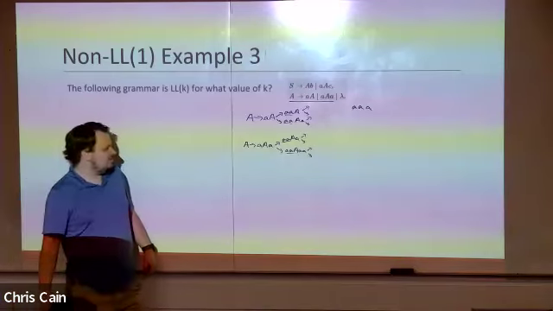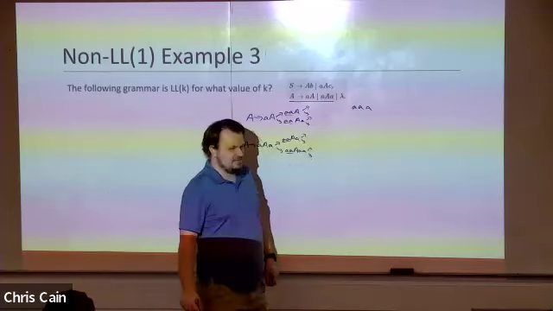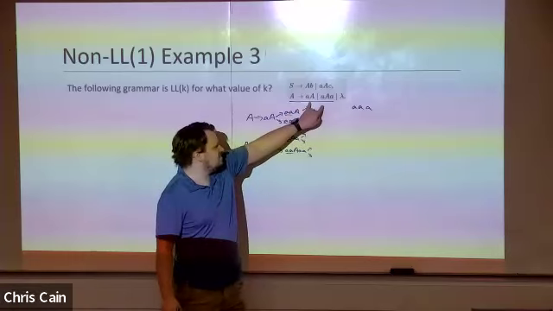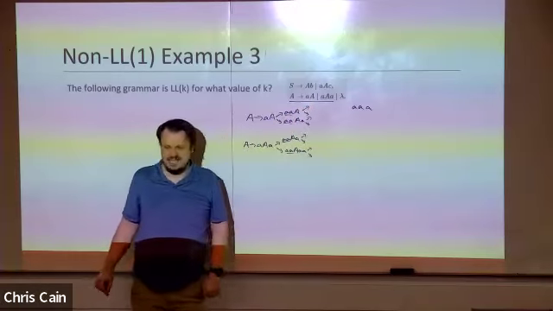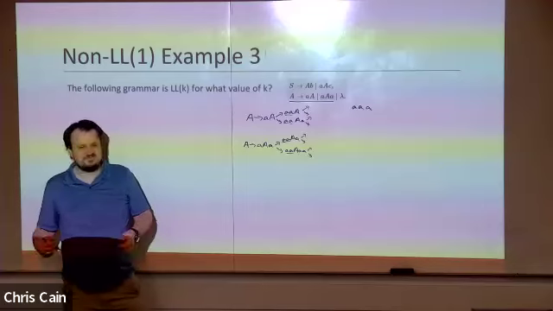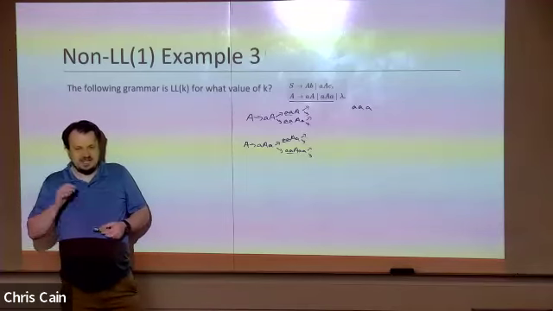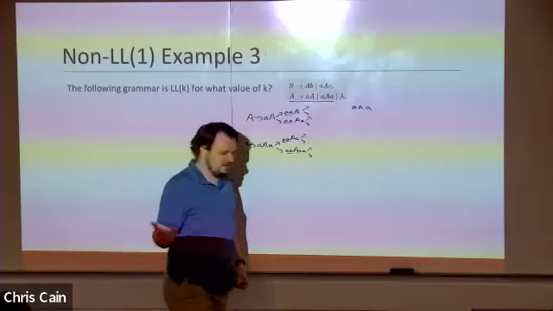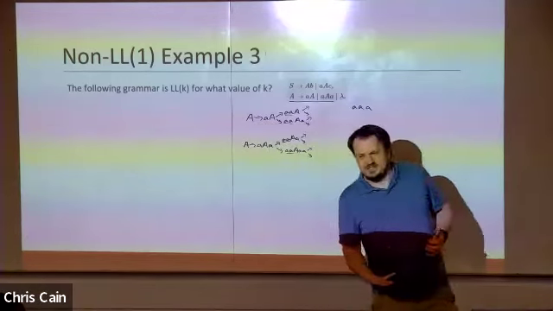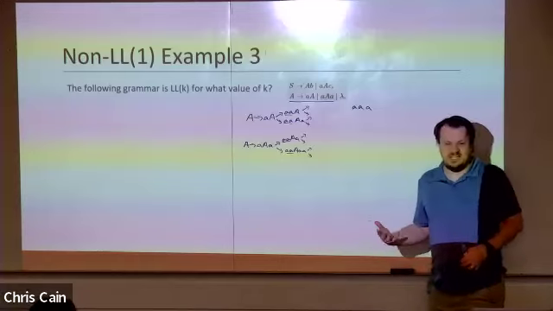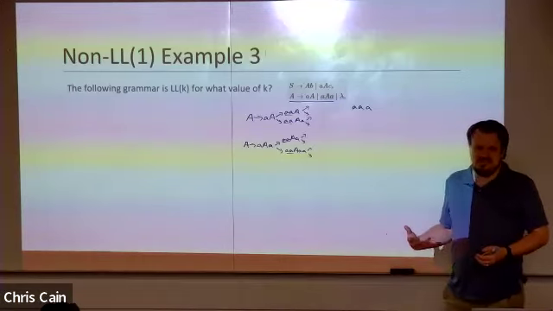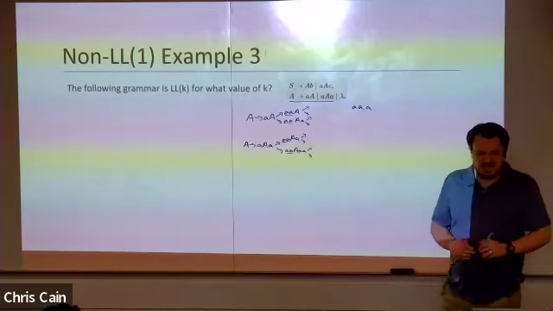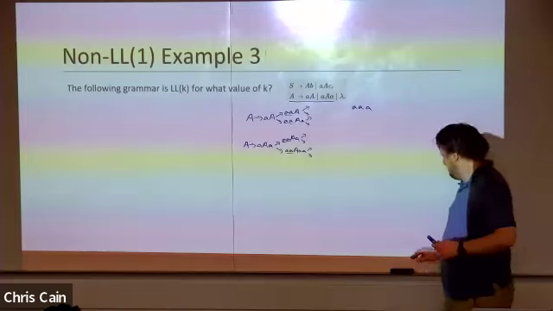It's never going to be resolved no matter how many A's you look ahead, because you can always, via either of these, produce an A and put yourself in a position where you're ready to produce the next A. So is it LL of 0 or LL of something? It is not LL(K) for any K would be the better way to say it. It's not an LL grammar. Even stating that it's LL of infinity would be contradictory. So the result is that this is not LL(K) for any K.